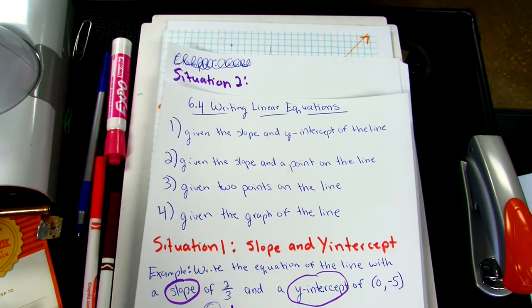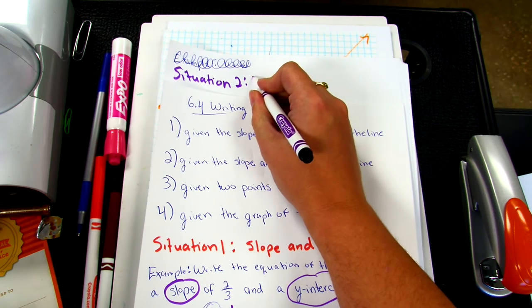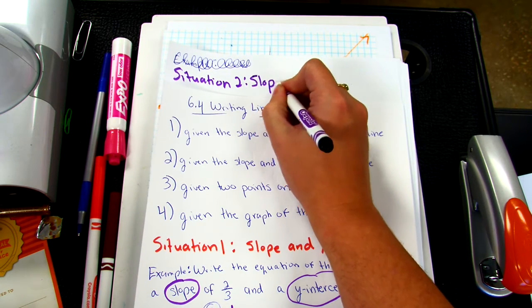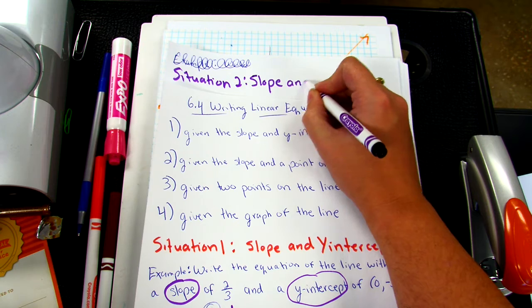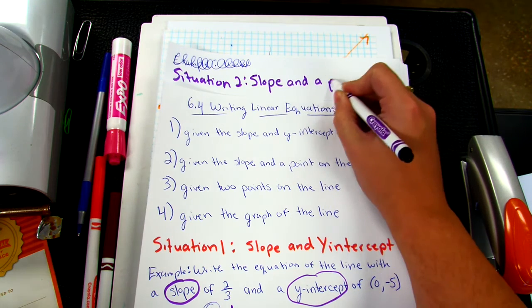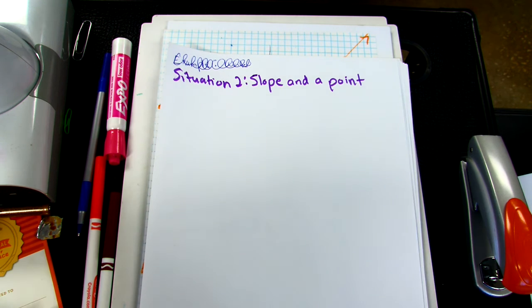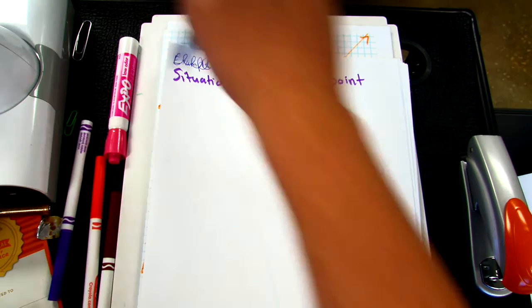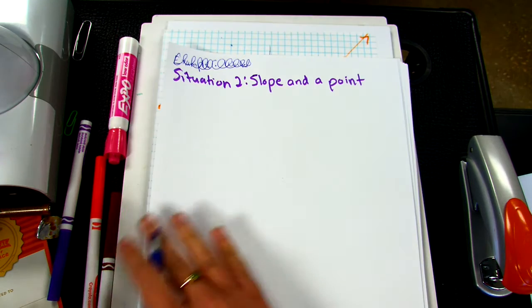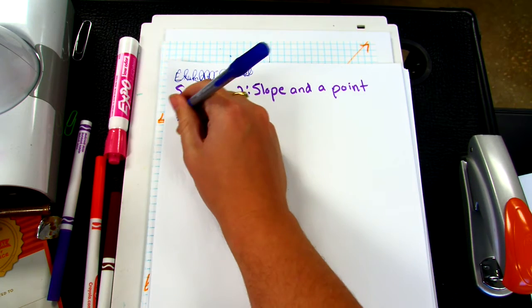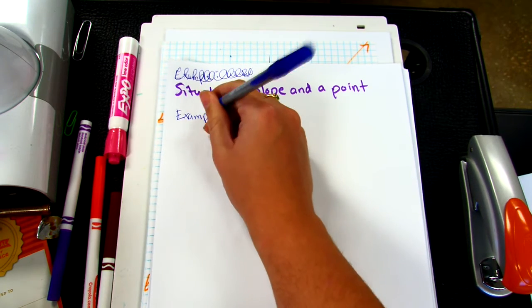Situation 2 says we are given the slope and a point on the line. Okay, so we're not given the y-intercept, we're just given a slope and a point. Okay, so again, we are going to remember our y equals mx plus b. It's very important.